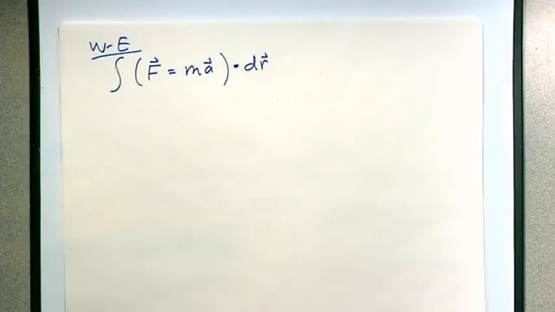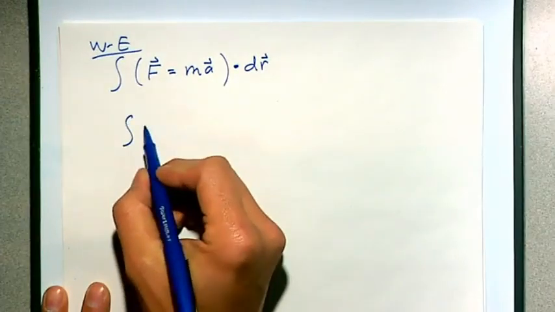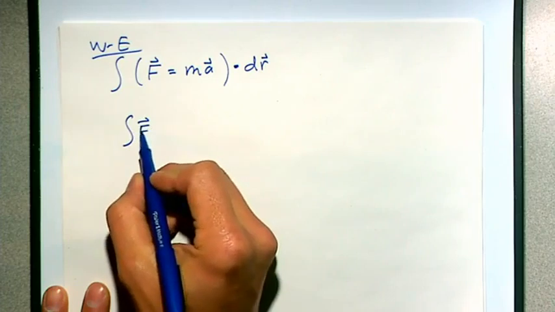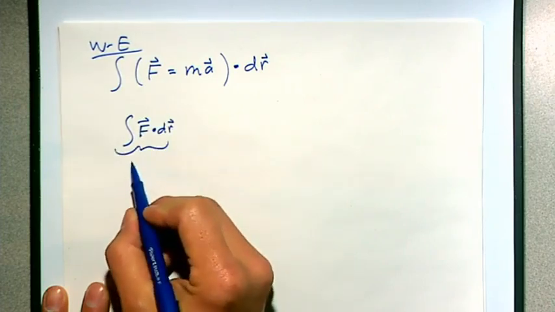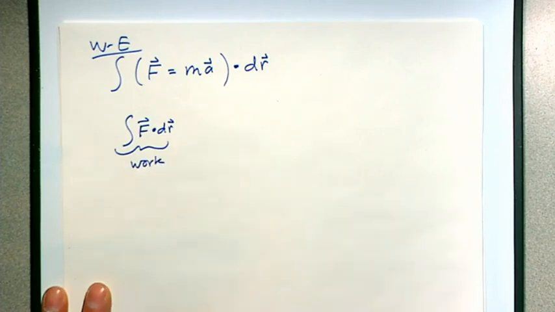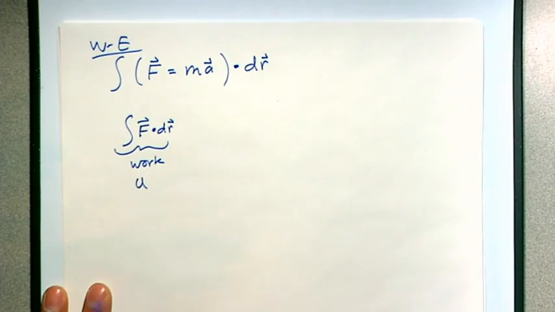All right. So if we kind of work that through, we had the integral of F dotted with dr. We called this part work. Gave it the U variable.